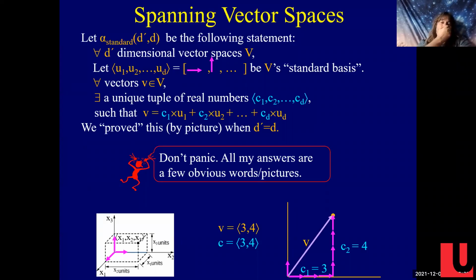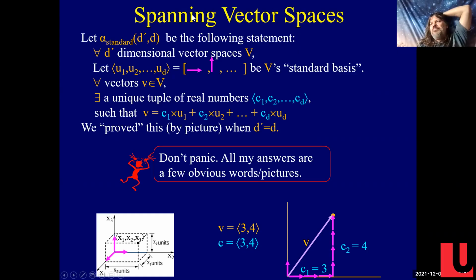How are you doing with it? Are you feeling scared about this? No, this is not scary. I think this is a good first order logic statement: given any vector space and any basis, and any vector, I can combine those bases to give me my vector.